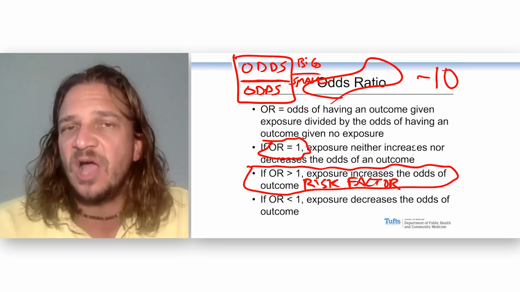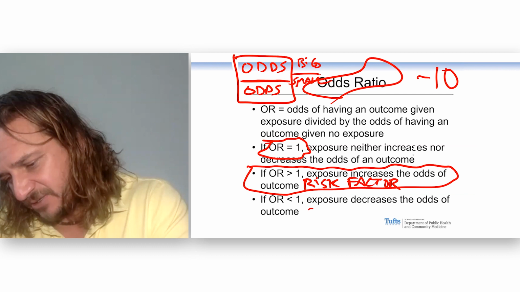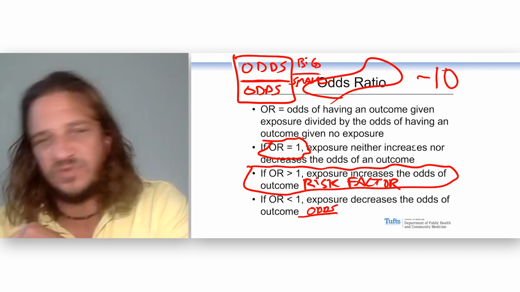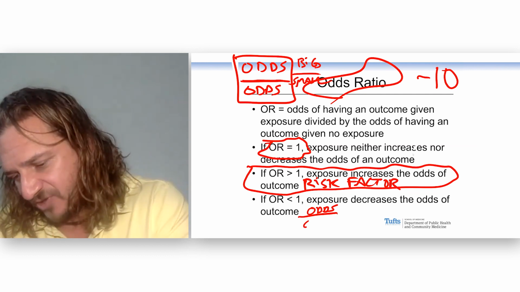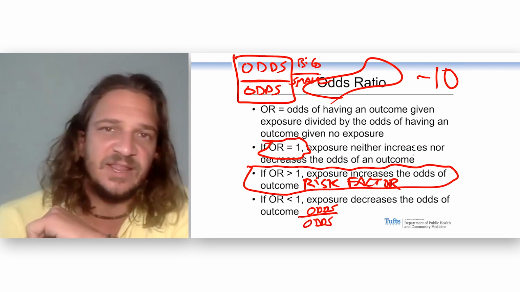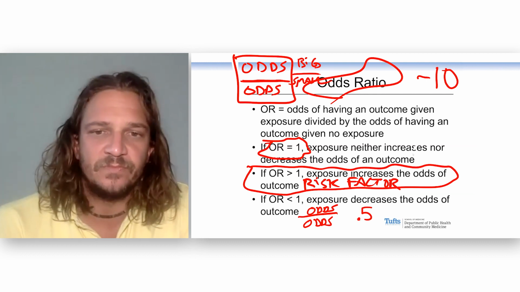If you exercise, the odds of getting diabetes are smaller than if you don't exercise. Let's say it's something like 0.5.